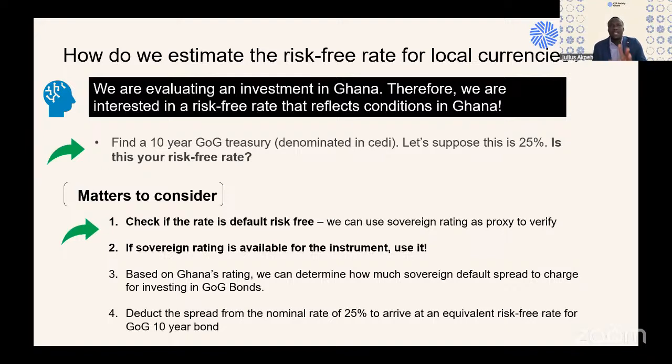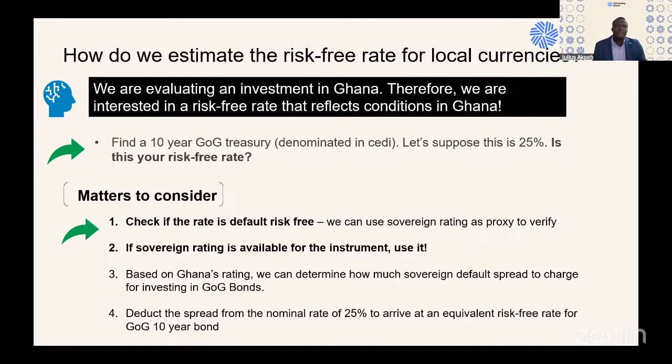And we found a 10-year bond in Ghana that is trading at 25%, or that was recently issued at 27%. Then we ask ourselves, is that instrument risk-free? To determine whether it's risk-free, the issuer of the instrument must be risk-free, which is the government.